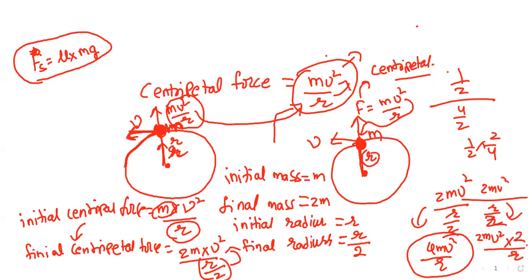So 2 times 2 is 4 and mv square upon r. So this is how we are getting 4mv square upon r. I'm just substituting the final mass as 2m and the final radius as r upon 2. That's how we are getting the final centripetal force acting on the particle as 4mv square upon r.